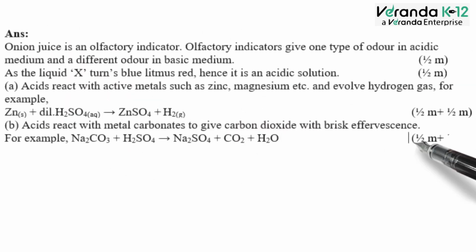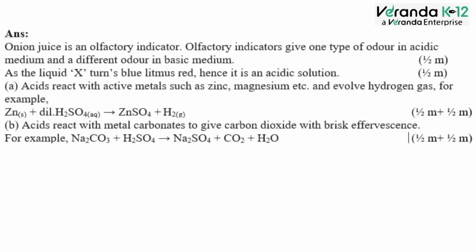A cloth strip dipped in onion juice, which gives one type of odor in acidic medium and a different odor in basic medium, is called an olfactory indicator. As the liquid X also turns blue litmus red, it must be an acidic solution.